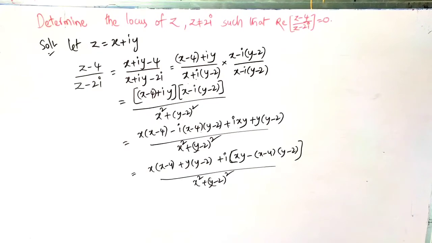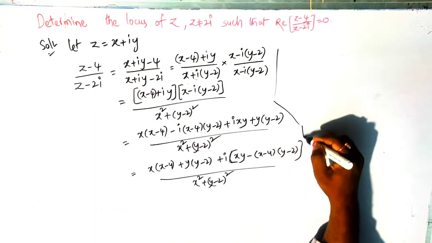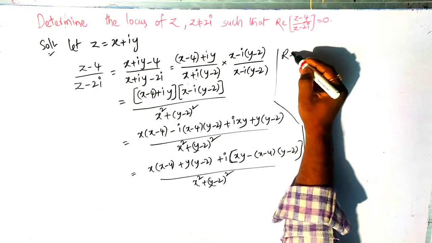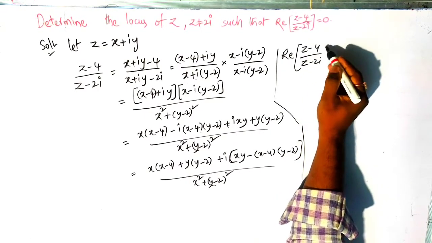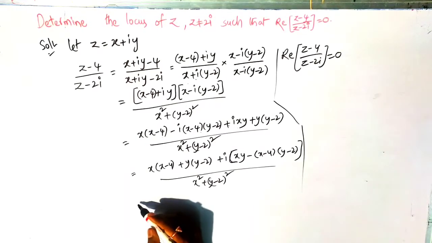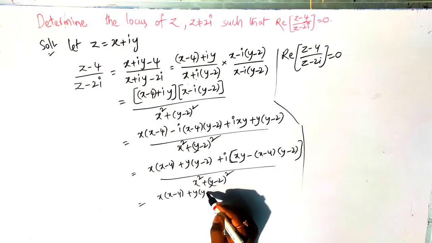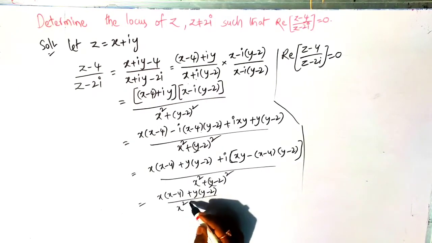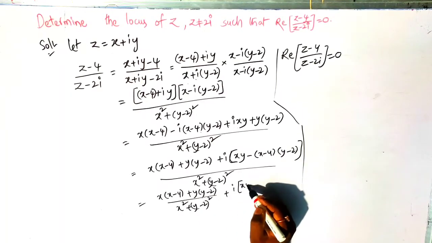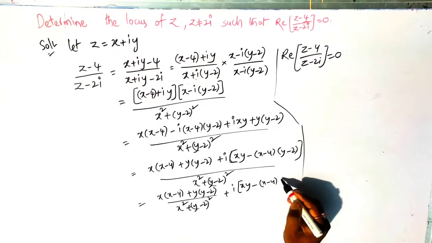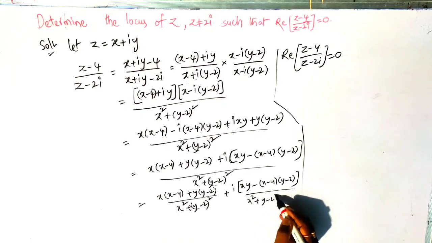Given that the real part of (z minus 4) divided by (z minus 2i) is equal to 0. So the real part is x of x minus 4 plus y of y minus 2 divided by x square plus (y minus 2) whole square, plus i of the imaginary part divided by the same.